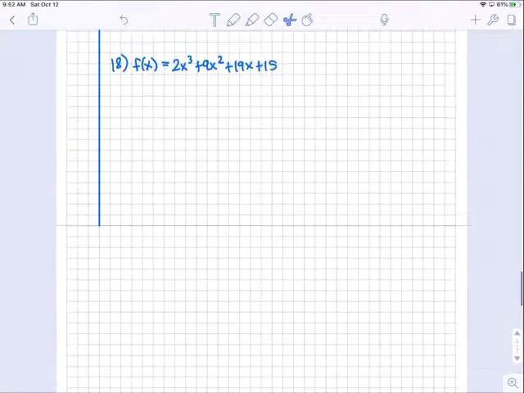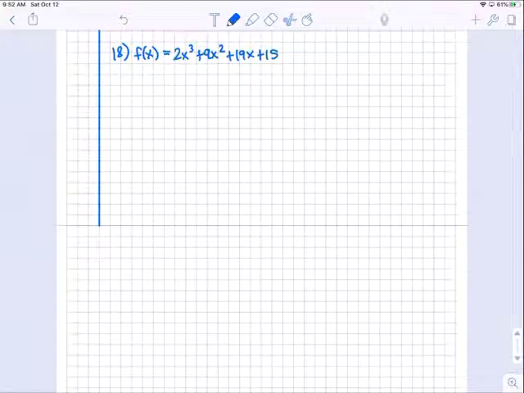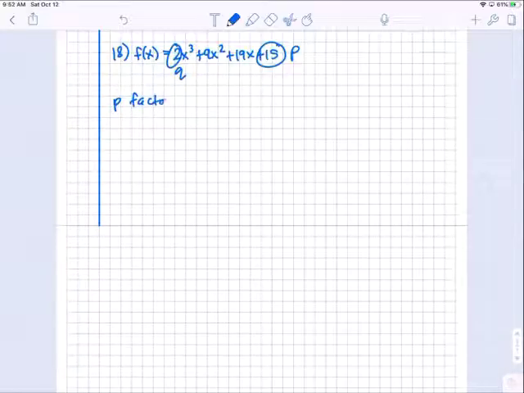Here's number 18. Same thing. Find your p factors and your q factors. The p factors are plus or minus 1, plus or minus 15, plus or minus 3, and plus or minus 5.